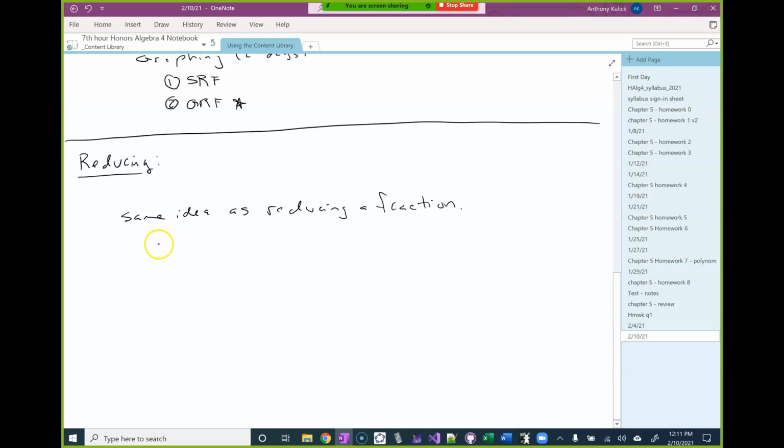So let's go back into our time machine and go back to late elementary, early middle school, when we would have talked about reducing fractions. Let's say we have the fraction 2. It's something very easy. What does this reduce to? 1/2, right? What did you do internally to do that reducing? What were the steps that you did in your head to do that?